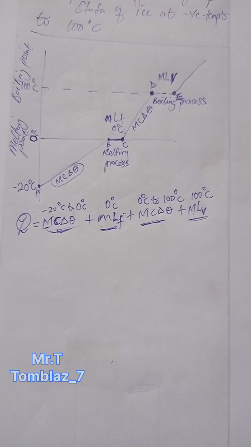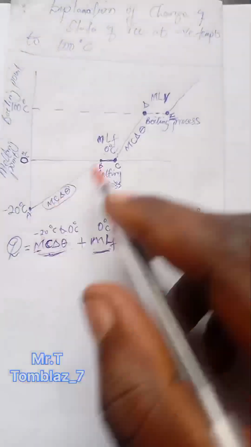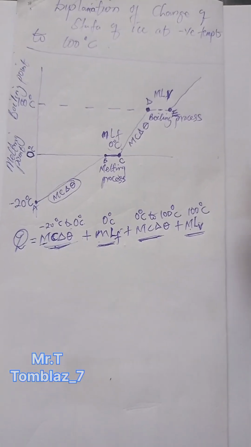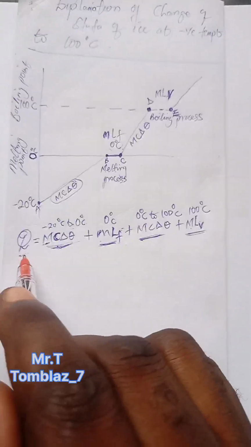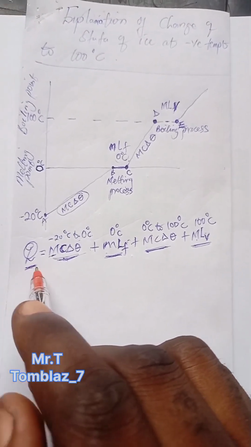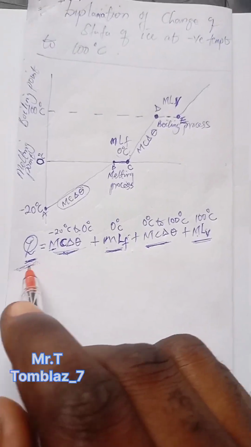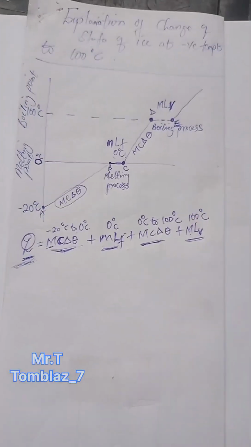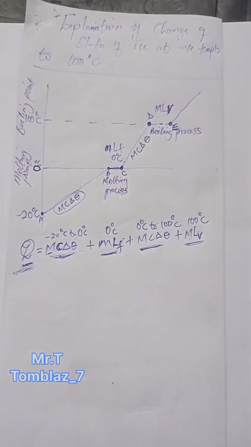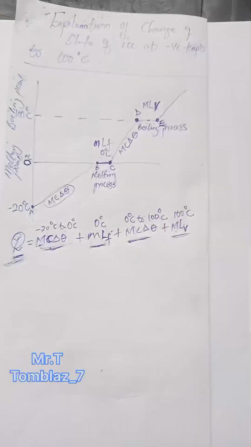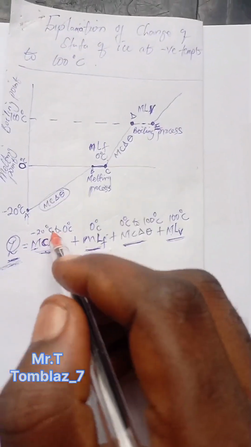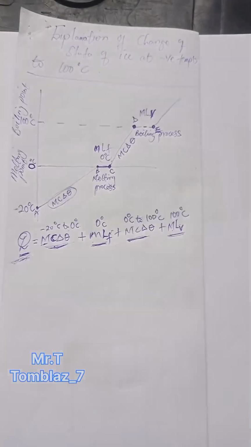So any question that is set now, if this is applied, we will then be able to find the amount of heat that is required to change any mass of ice at 0 degrees centigrade to steam at 100 degrees centigrade, or at minus 20 degrees centigrade to steam at 100 degrees centigrade.